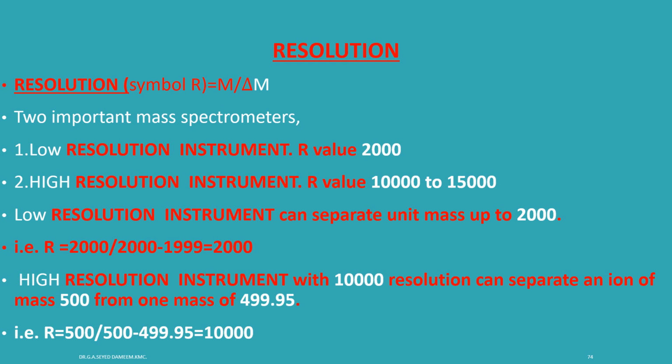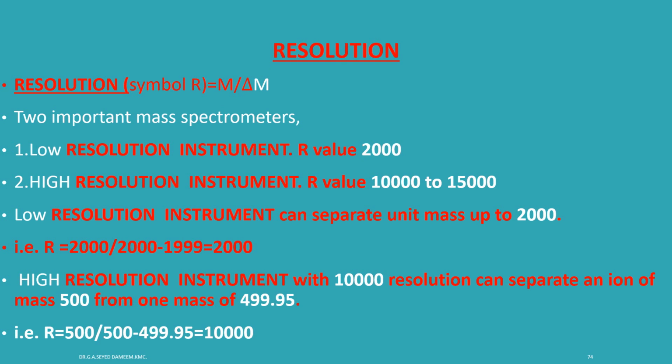m/z 1999. A high resolution instrument with 10,000 resolution can separate an ion of mass 500 from one of mass 499.95. That is, R is equal to 500 divided by 500 minus 499.95, that is equal to 10,000.